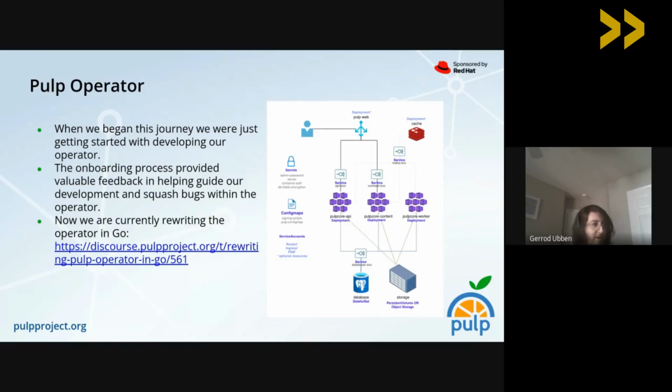Currently our operator, as you can see in this diagram, is almost at full feature parity with all our other deployment methods. Right now we're underway in rewriting the operator in Go from its Ansible implementation. There's a link that shows some of the benefits and decision making about why we want to rewrite it in Go.